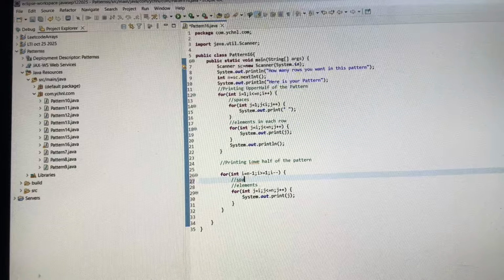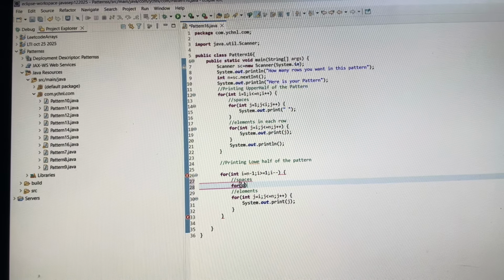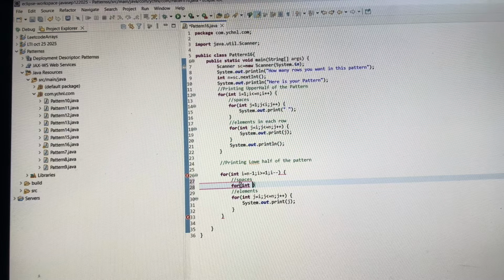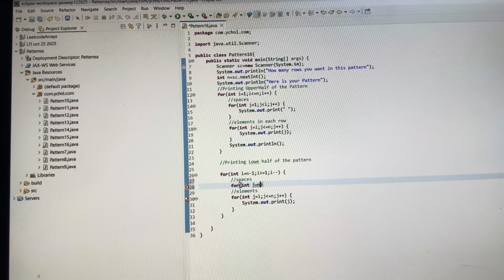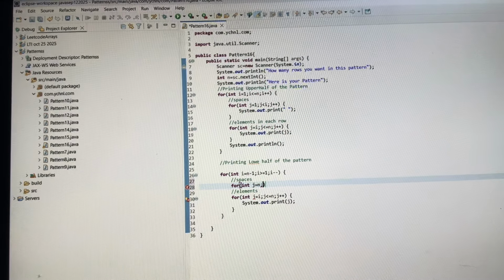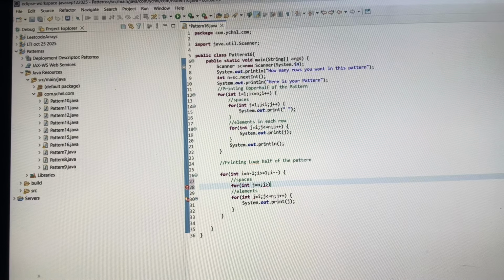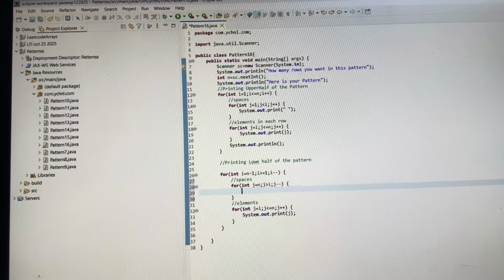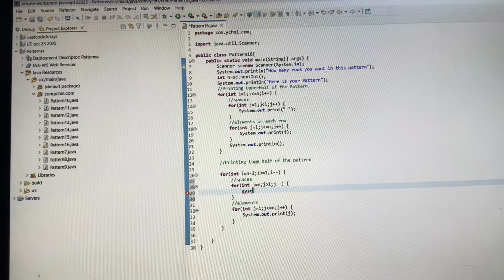Now I am doing spaces. For int j, since the spaces are in decreasing order, for int j equal to n, I am taking j greater than i, j minus minus, right?